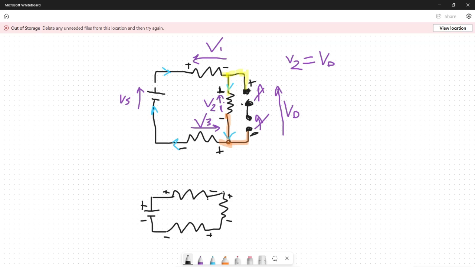Now, if we were to put a wire in parallel with this, this is our voltage source, this is our V1, this is our V2, this is our V3.